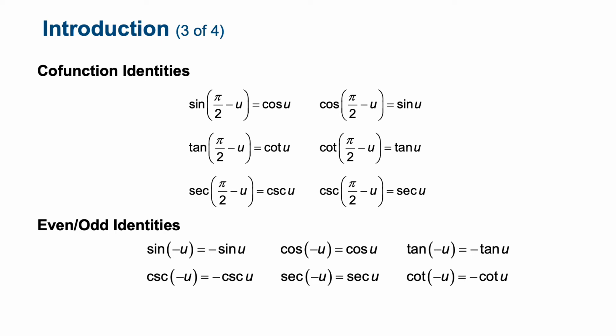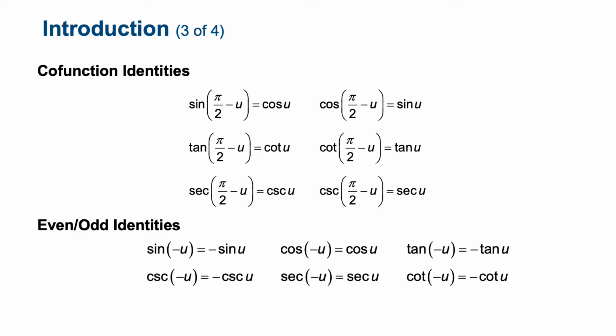Okay. Now, even and odd. Remember, what's the definition of an odd function or an even function? If you rewrite the function using negative x or negative u and you get the negative of the original function, it's odd. And if you get the original function, positive, then it's even.